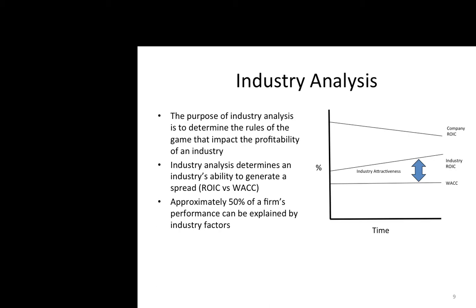So an attractive industry has a positive spread. An unattractive industry has a negative spread. That's the way we're defining an attractive industry or not an attractive industry. All right, so it's relative to the ROIC of the industry against the cost of capital of the industry.